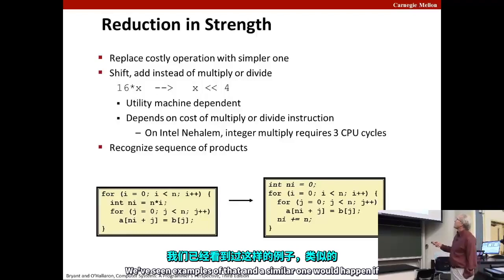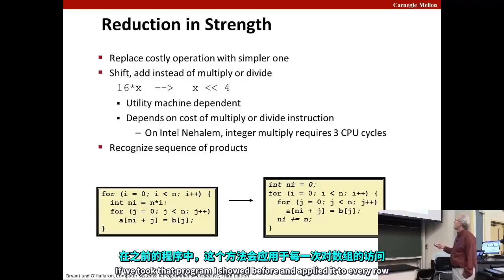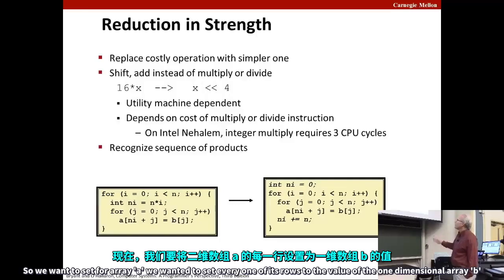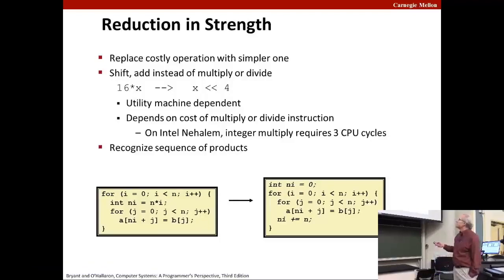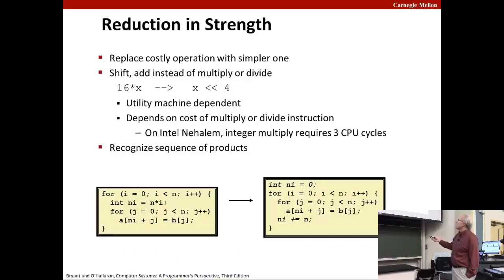And a similar one would happen if we took that program I showed before and applied it to every row. So we wanted to set every one of the rows of array A to the value of the one-dimensional array B. Then again, if we took that code, we hoisted the n times I in there.